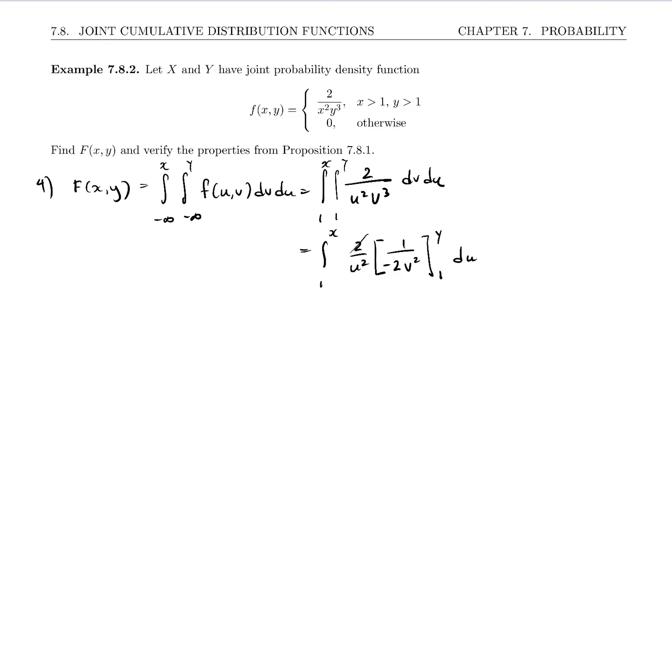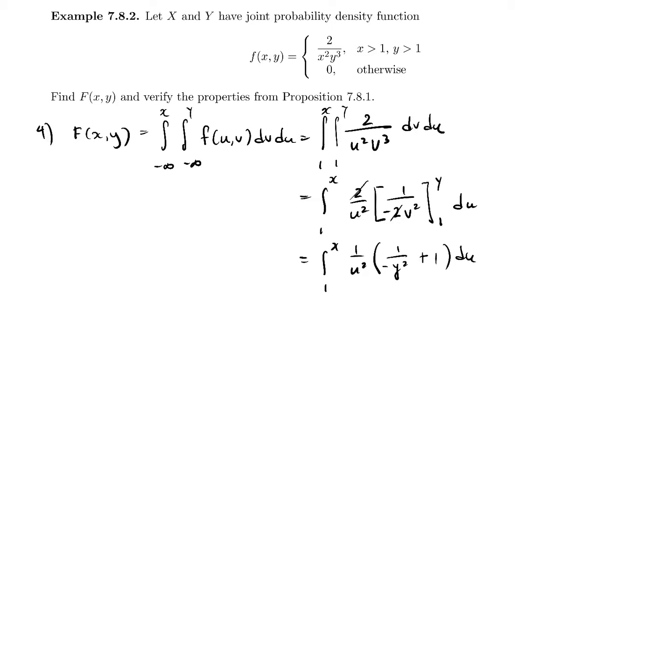We can cancel out those 2's, which gives us the integral from 1 to x of 1 over u squared, and we get 1 over minus y squared minus minus, so plus 1, du. Now this is a constant with respect to the second integral, so we can bring that out of the front and write it more naturally as 1 minus 1 over y squared times the integral from 1 to x of 1 over u squared du.